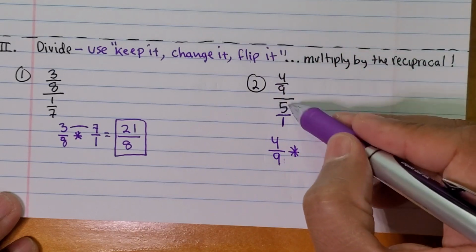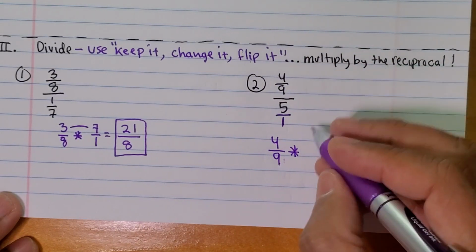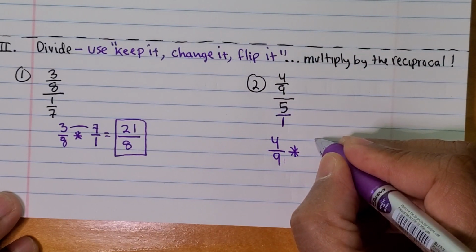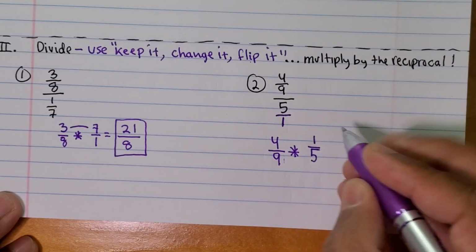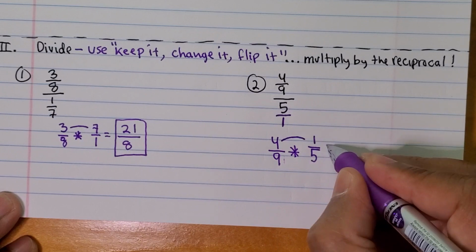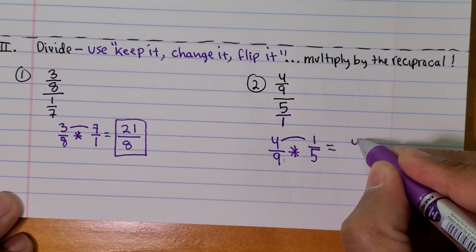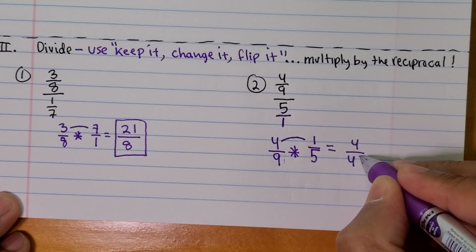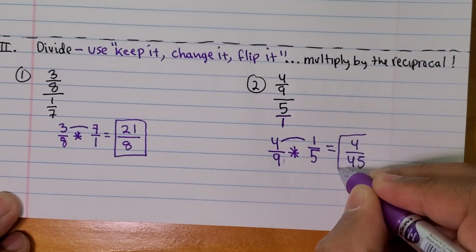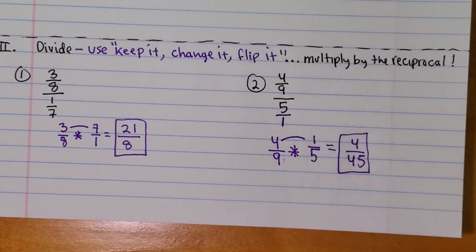And then I'm going to flip this denominator. So instead of 5/1, it's going to be 1/5. Now I'm ready to multiply across. 4 times 1 is going to be 4. And 9 times 5 is going to be 45. And there is the answer to this problem.